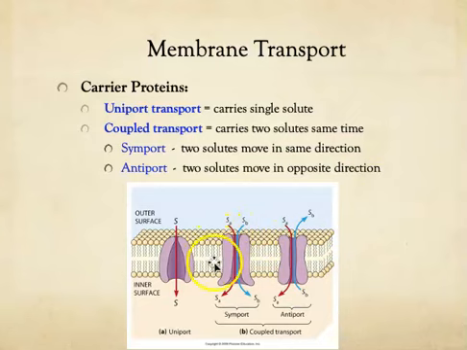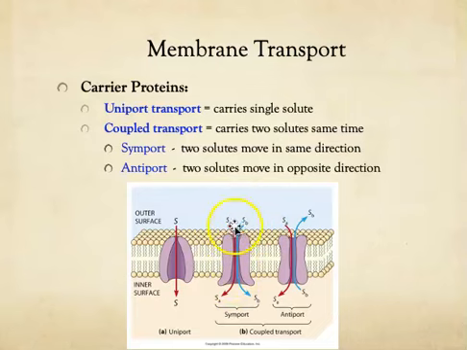This protein, shown in purple, represents a symport carrier. It's going to carry both S_A, the red one, and S_B, the blue one, across the membrane.